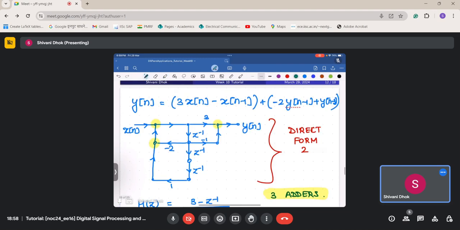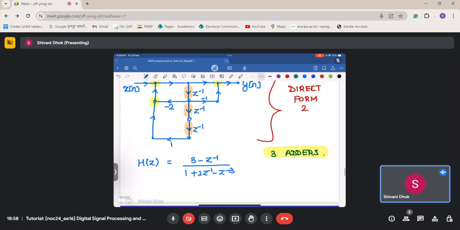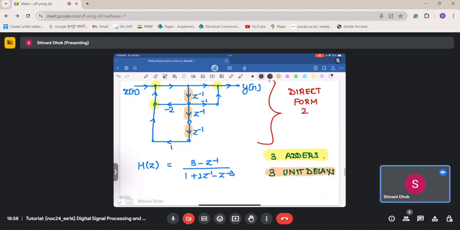After that, we need to look at unit delays. For unit delays, we can see that we have a Z inverse here, and a Z inverse here, which means that we have 3 unit delays. For unit delays, you can just look at this transfer function. 3 is the highest order in numerator or denominator.